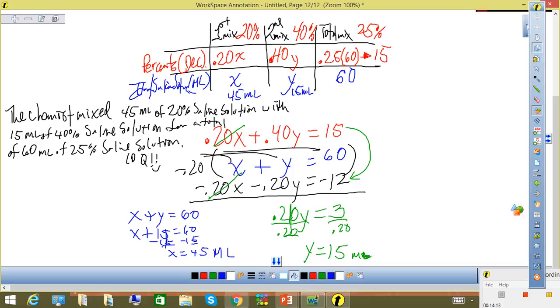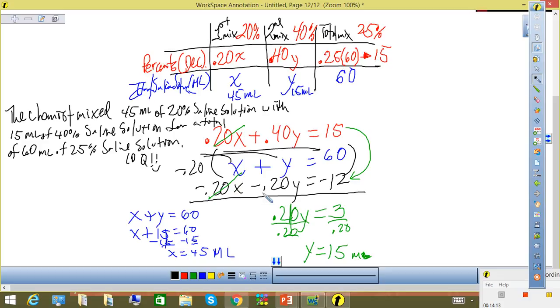Now, a question to think a little bit outside the box. Let me get your noodle going. So focus on the screen. Here's your system. Look up, please. 0.20x plus 0.40y equals 15, and x plus y equals 60. And I wanted to eliminate x.